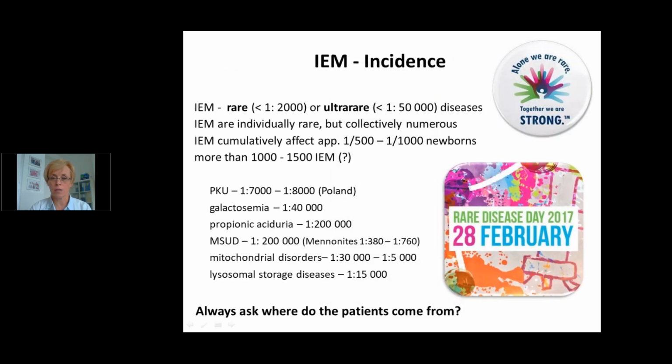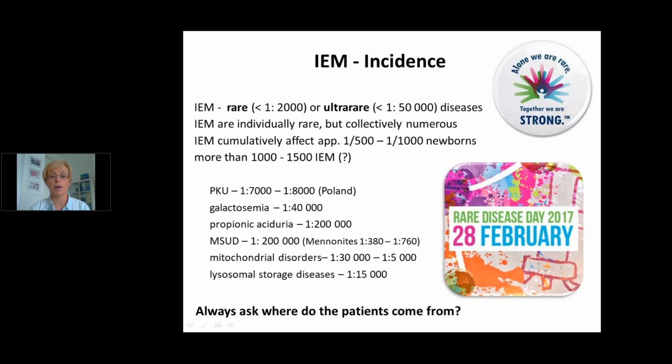What about the incidence of inborn errors of metabolism? Well, all of them are rare diseases, which means that they have an incidence lower than 1 in 2,000 live births. Some of them are also ultra-rare, which means that they are really extremely rare, and in fact there are some conditions that have been described only among several families in the whole world.